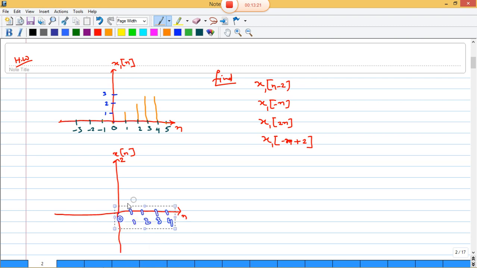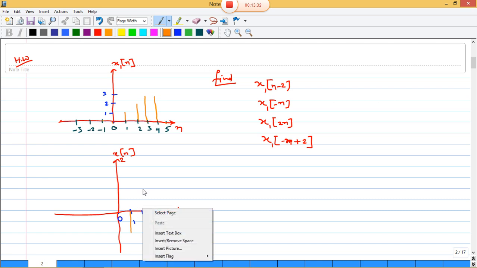At 0 it will be 0, at 1 this is minus 2, at 2 this is 2, this is 1 and this is 3. So just find out the expression xn.